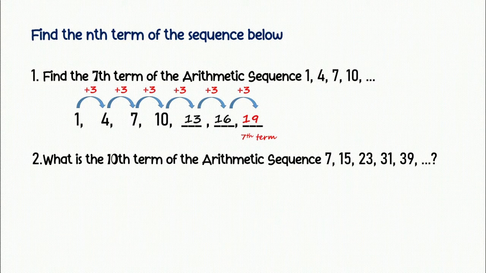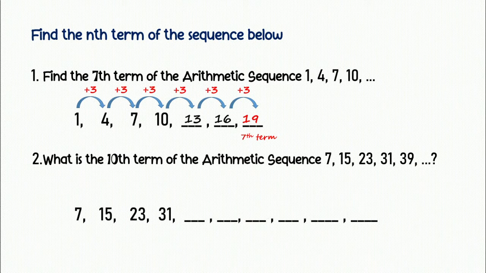After nun ay from 39, mag-add tayo ng common difference nila para makuha natin yung 10th term. And if we're going to get the common difference nila, that is 8. Because this is in ascending order, so positive yung common difference.